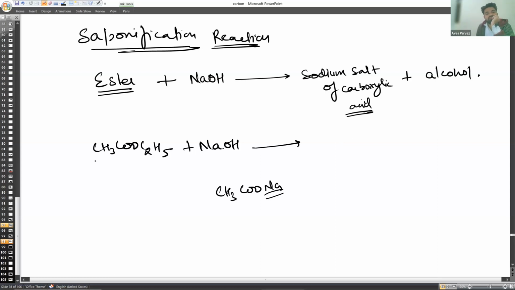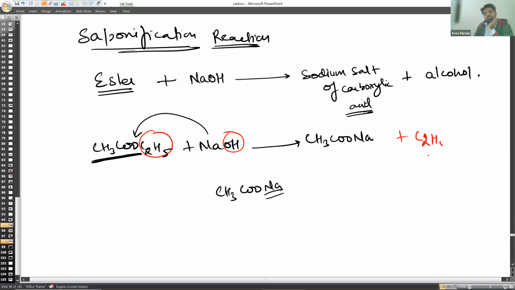This is the carboxylic acid part, so this will react to give CH3COONa. This Na will get attached here, and this C2H5 and OH together will form alcohol, C2H5OH. Got it? Yes, sir.